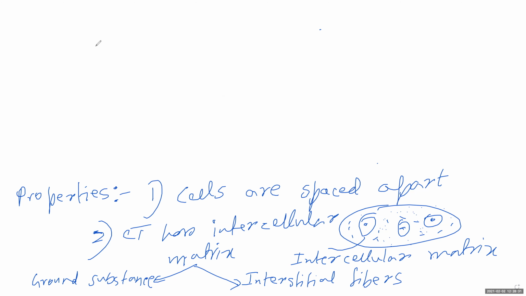Unlike epithelial tissue, which is covering, lining, or glandular, connective tissue, depending on what it is, could have a completely different set of functions. So it's highly diversified. So let's build on this ground substance and interstitial fibers.